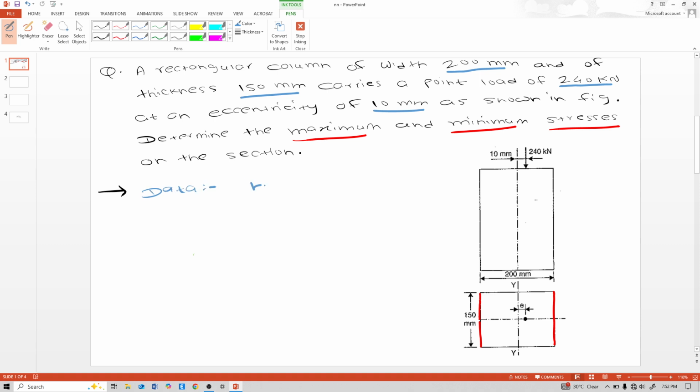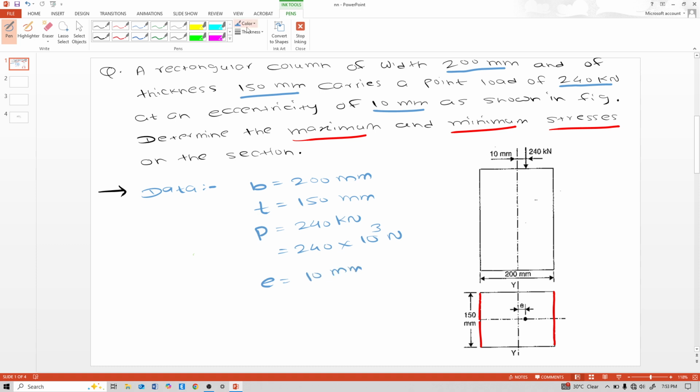So the data: width B is equal to 200 mm, thickness is equal to 150 mm, and point load, denoted as capital P, is equal to 240 kilonewton. That means converting kilonewton into Newton, 240 into 10 raised to 3 Newton. Eccentricity e is equal to 10 mm.